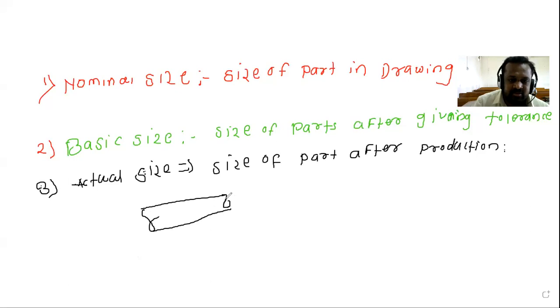Now see, this is the shaft, and suppose the diameter of that shaft we are showing in the drawing is 20 mm. That 20 mm will be the nominal size, because we are just showing it in the drawing.